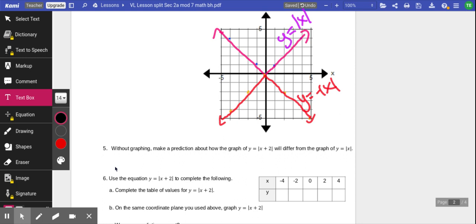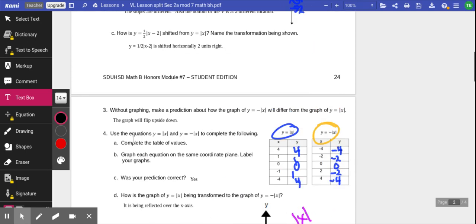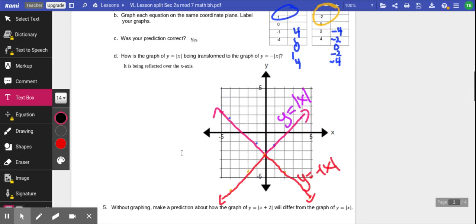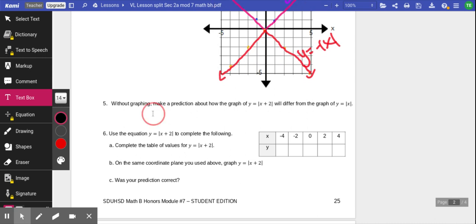Okay, without graphing, make a prediction of how y equals the absolute value of x plus 2 will differ from y equals the absolute value of x. So I know this is some kind of shift, and I'm going to go back up and think about what happened earlier. Here, when it was -2, I went to the right. So I'm going to guess if it's +2, I'm going to go to the left.